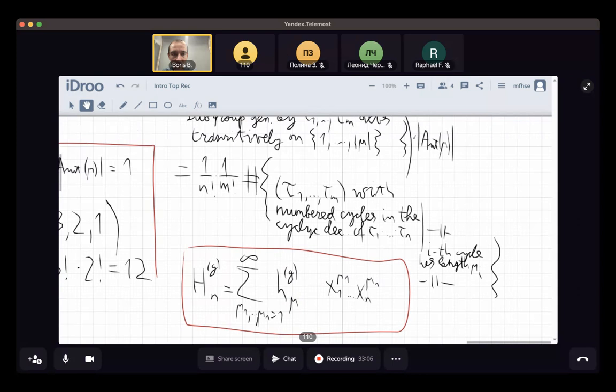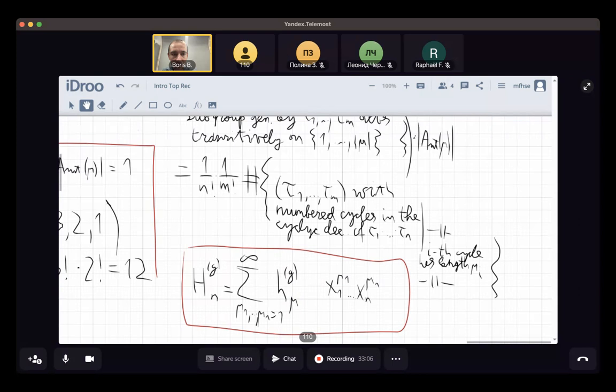In this definition it's automatically clear, because the product has a cyclic type, but cyclic type is an unordered list of lengths of cycles. So it doesn't matter what the ordering on the μi's was. In the definition of automorphisms we'll also see that it doesn't matter what the order is.